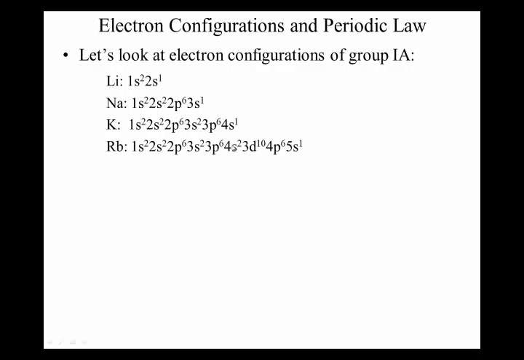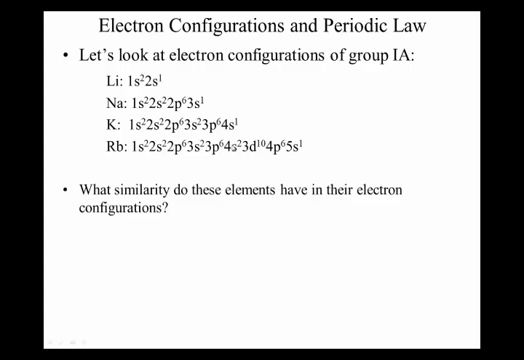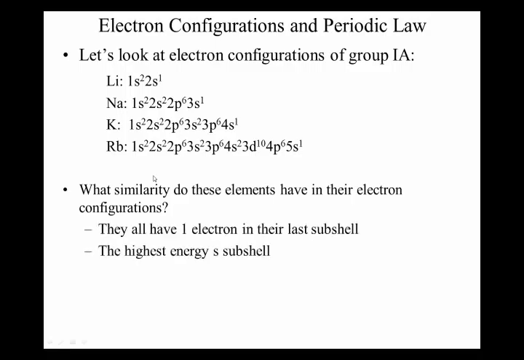So what's similar about all of their electron configurations? There are a couple of ways you can frame it, but you're probably all noticing the same thing: they all have one electron in their last subshell. They end with this s1. Now, they have one electron in their highest energy shell, not just their subshell, but their highest shell. In lithium, there's only one electron in the 2, because remember, the 2 indicates the shell level, and the s says what subshell it is within the 2.